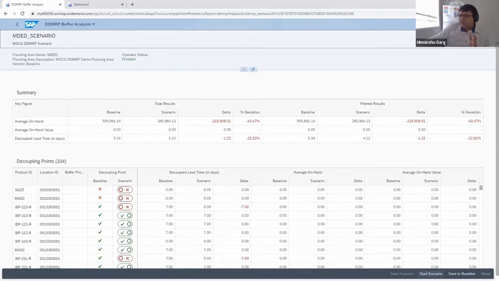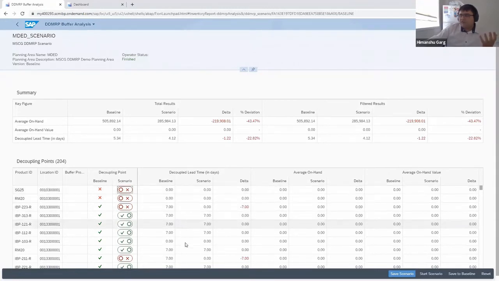So if I say start scenario, it will calculate the decoupling points based on all these parameters that we just discussed. And then we still have an option to override what the system has proposed. Using this toggle button, we can choose that yes, green is a decoupling point.